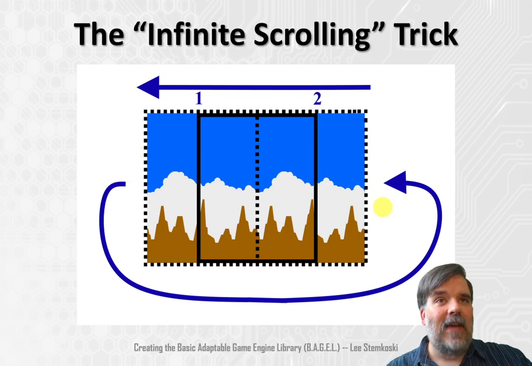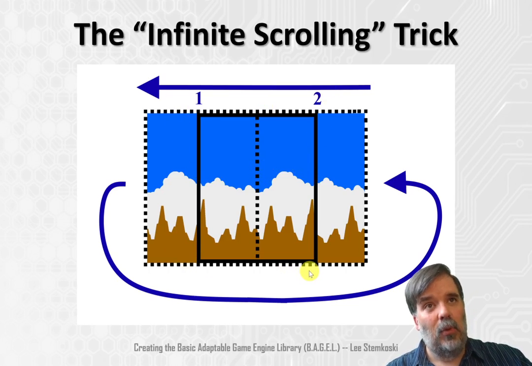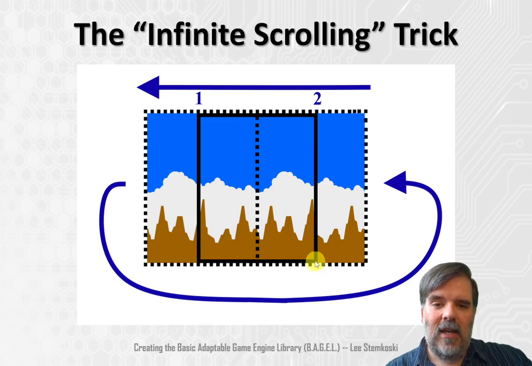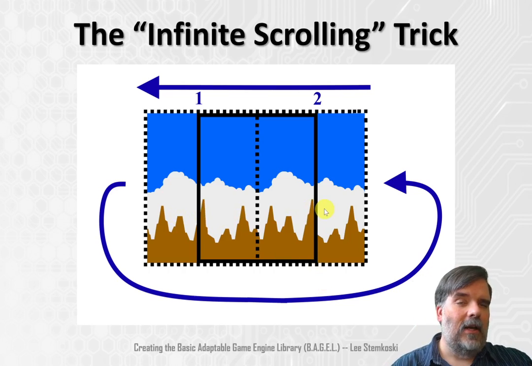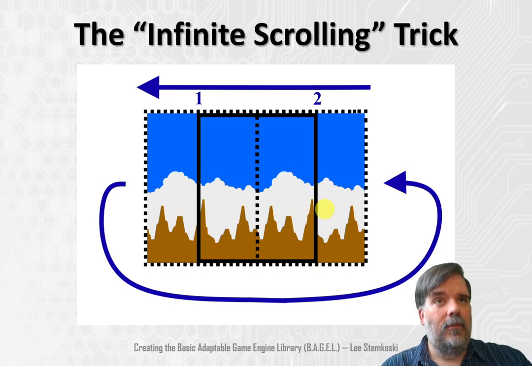Or we can have a single image which contains two copies of this seamless texture, which is going to be twice as large as our window, or at least twice as wide as our window. And then once that image moves so that the right-hand side is aligned with the right-hand edge of the window, then we're going to shift it back to the right by the width of the window.